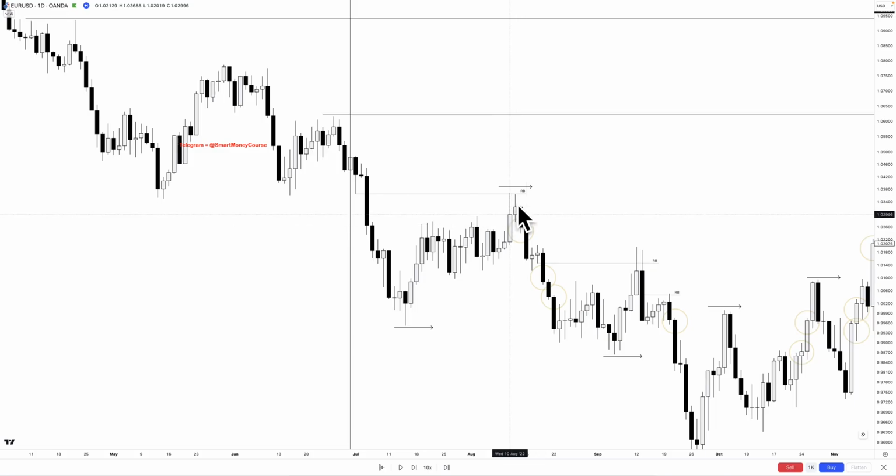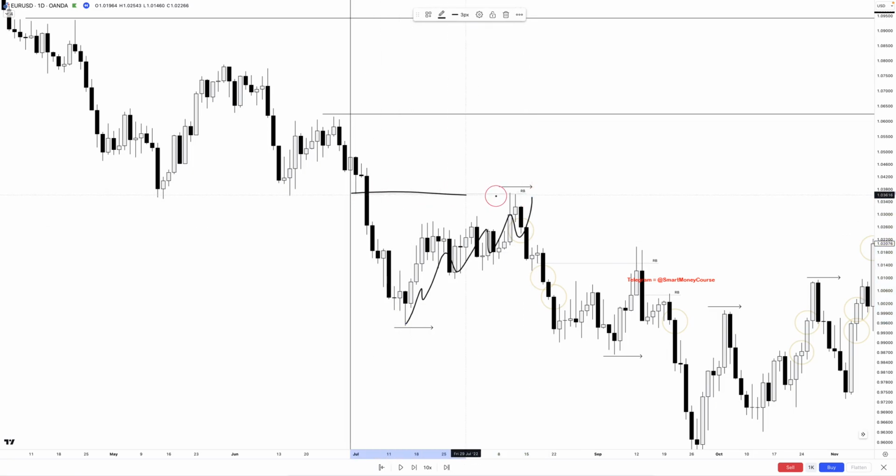But I want to focus on what we're seeing up here. Price comes all the way back up. It rebalances price. It reacts to this wick here. Now, it doesn't have to always fill all imbalance, guys. That's really important to understand. The market doesn't have to do anything, but we can see that price rebalances.